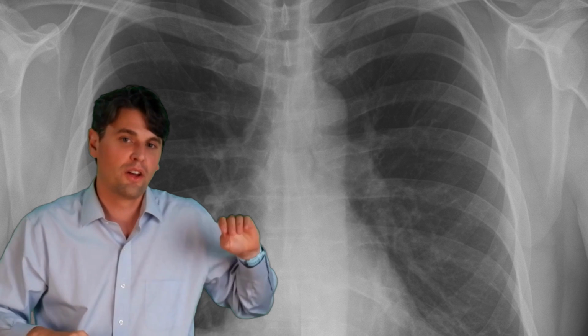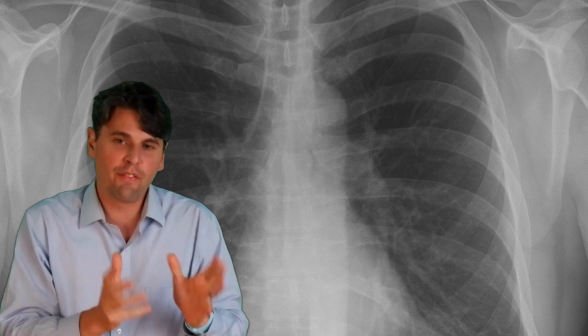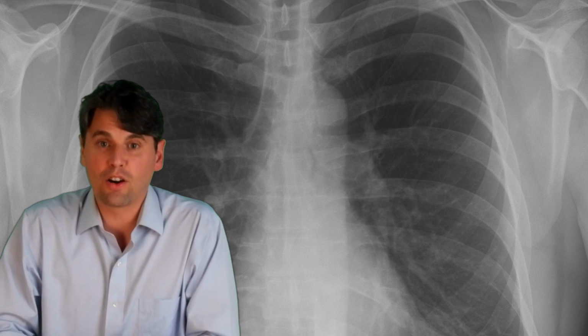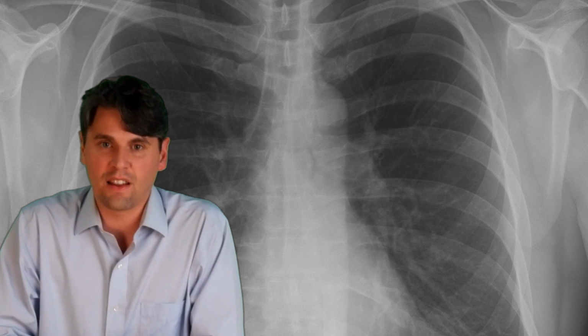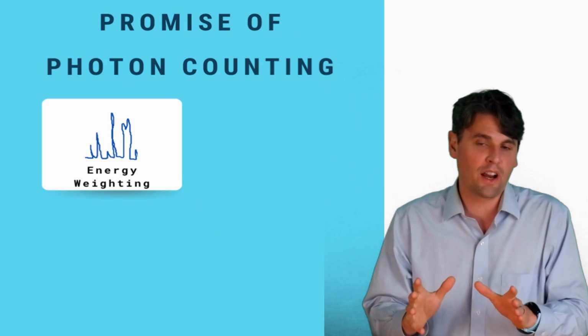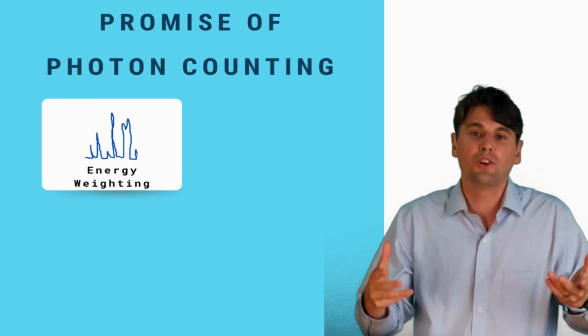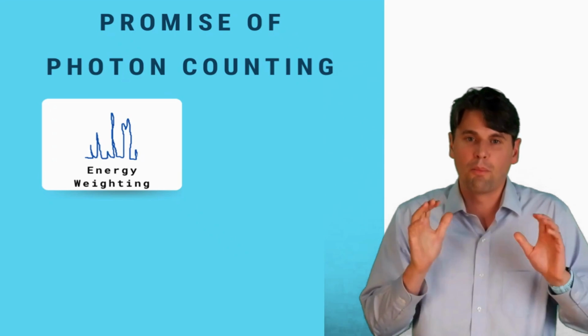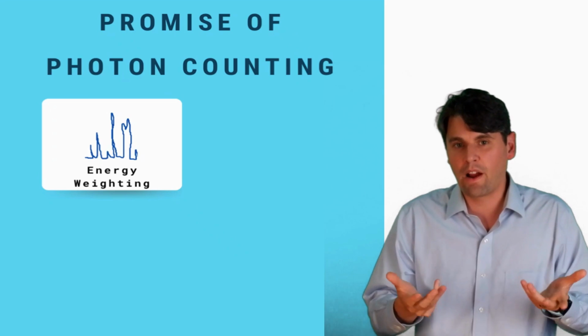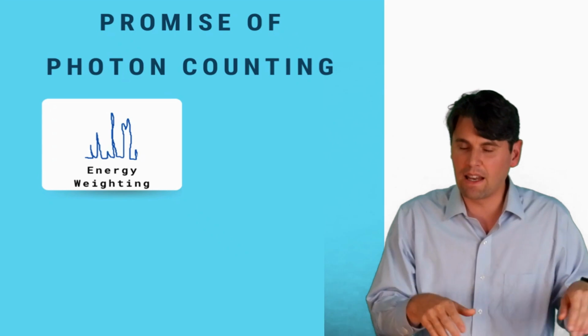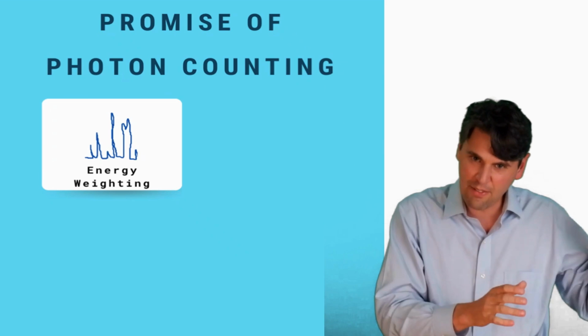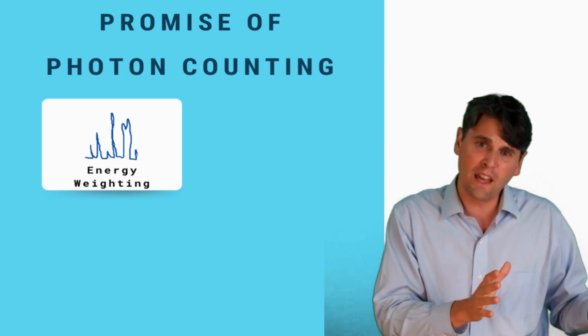At a high level, what we want to talk about is the promise of these photon counting detectors, whether they're cadmium telluride or silicon. They offer significant promise in terms of overcoming some of the limitations of the scintillation-based techniques. If the desire is to generate just an image using all the photons, you can weight the photons equally, so that after you count them, you count them all equally.